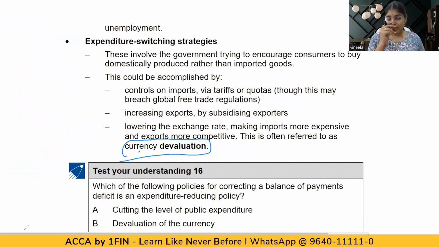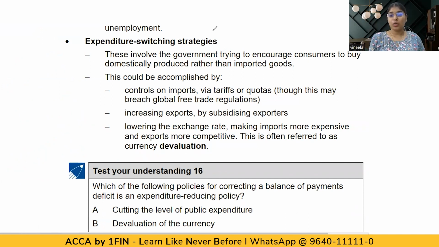You are decreasing the value of your own currency. But this is not good for the economy. We should not do that. We should try to follow other strategies only, unless it becomes a situation where we can't reduce our trade deficit. Then we can go for currency devaluation, but it's an extreme measure by the government. No way will the government choose devaluation unless there is an extraordinary situation.